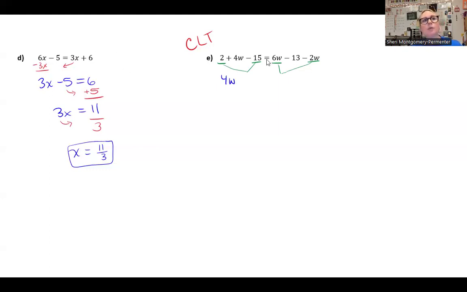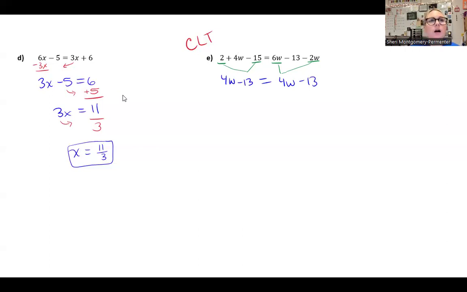And then I have, what would negative 15 plus 2 be? Or 2 minus 15, either way. Nope, we're not getting more negative. Negative 13. And then on the right, I've got 6 and I'm taking 2 away.